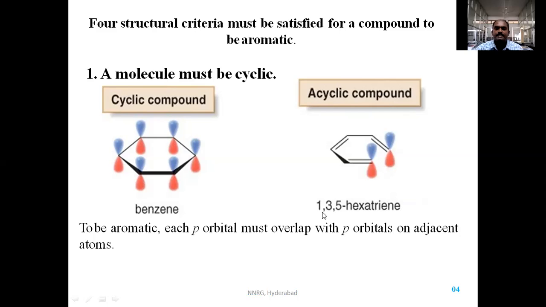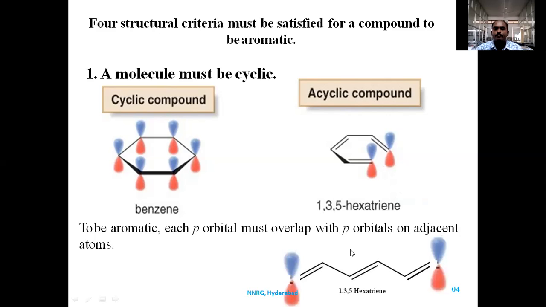For example, 1,3,5-hexatriene looks similar to the benzene structure, but it is not a cyclic molecule. The 3 alternate double bonds are there, but the first carbon and last carbon p orbitals are not interacting with each other. When they are not interacting, there is no formation of a molecular orbital. So this is an alicyclic compound. Sometimes the p orbitals may come together, sometimes they may go away from each other.